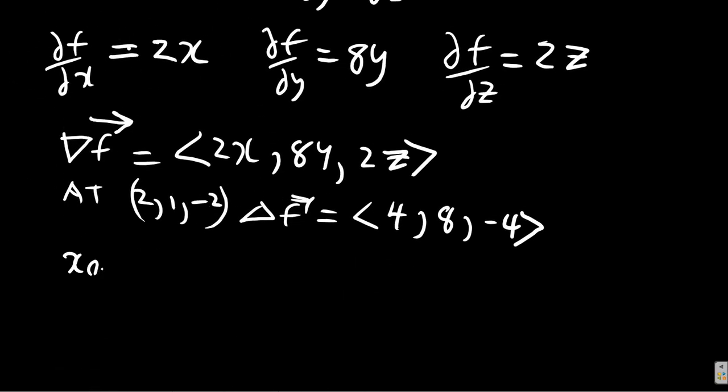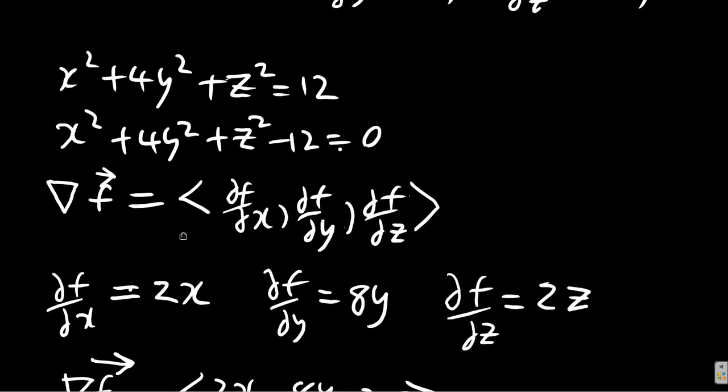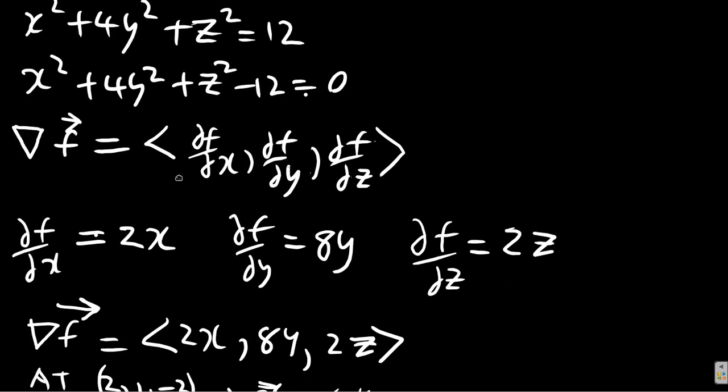This is x0, this is y0, and this is z0. The coordinates of the specific point, that's ground 0 right there. Now, let's rewrite the equation for the tangent plane.